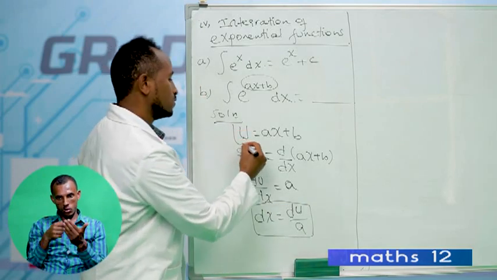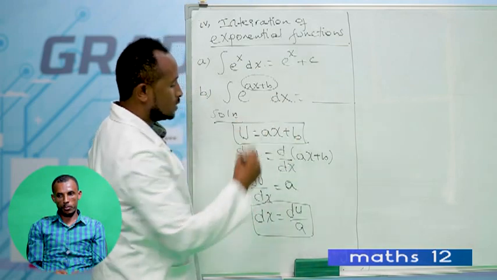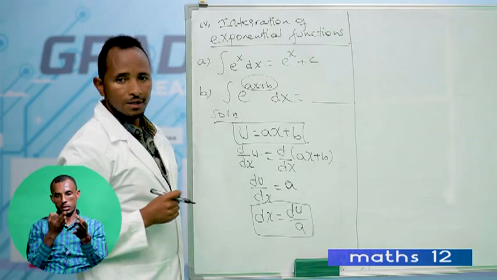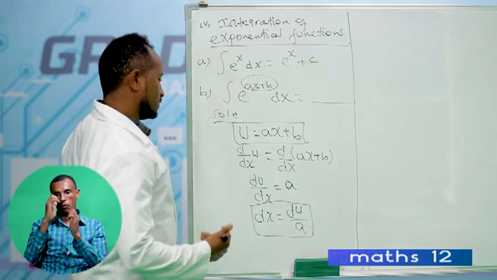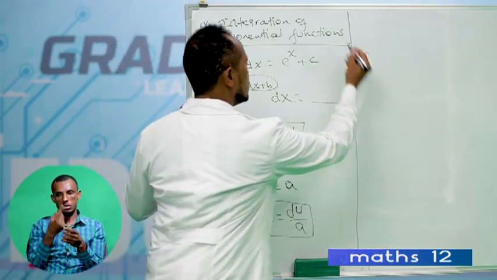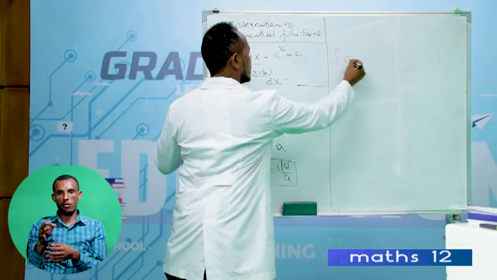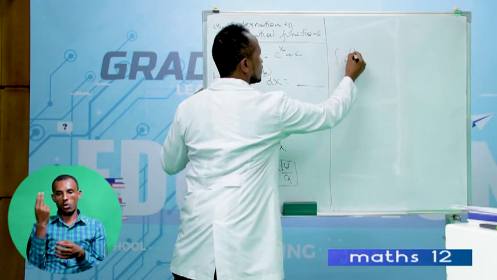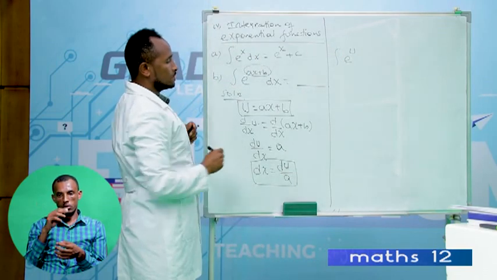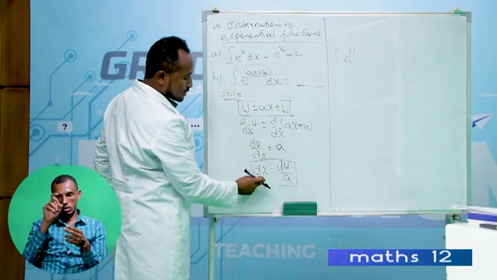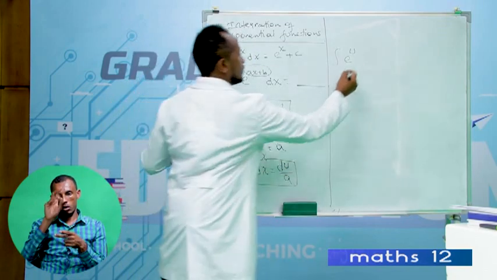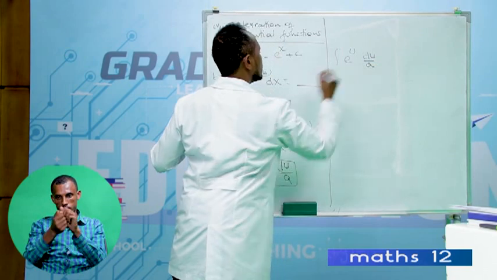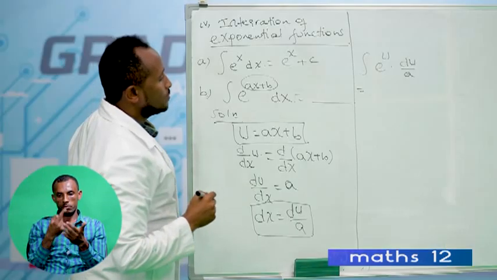Let's substitute these two expressions in this integral and then evaluate the answer. So the integration of e raised to ax plus b, with u in place of ax plus b, times dx, which is du over a.